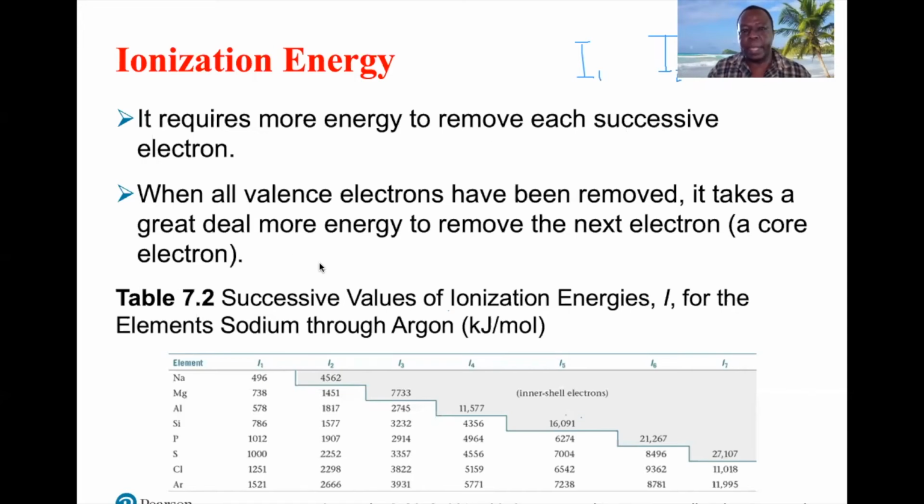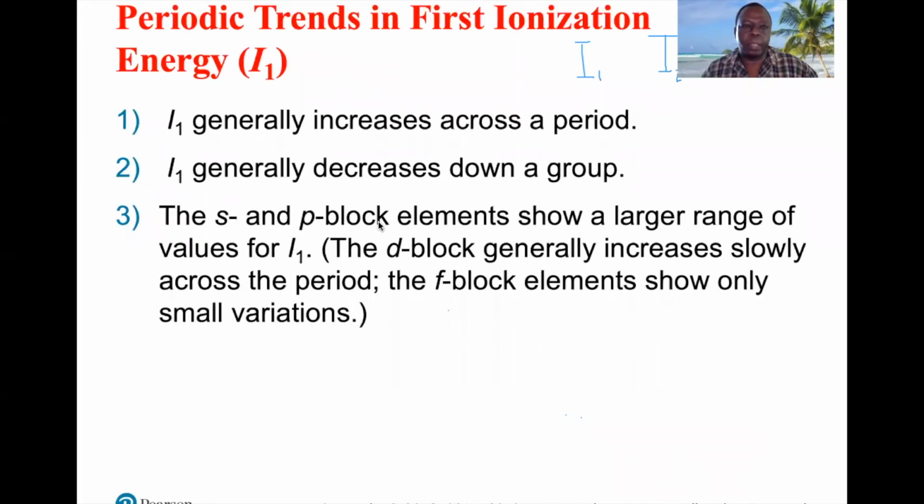The ionization energy keeps on increasing based on the number of valence electrons being removed for each element. It takes a great deal more energy to remove a core electron from an already ionized species.